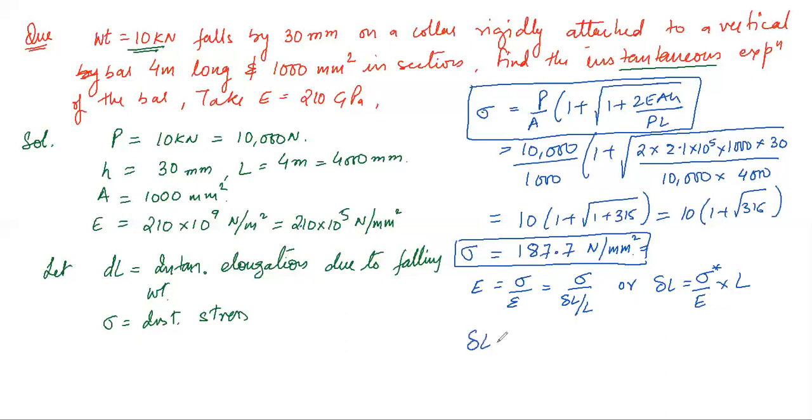So the extension in length delta L is 187.7 into 4,000 upon 2.1 into 10 to the power 5, which is 3.575 millimeter.